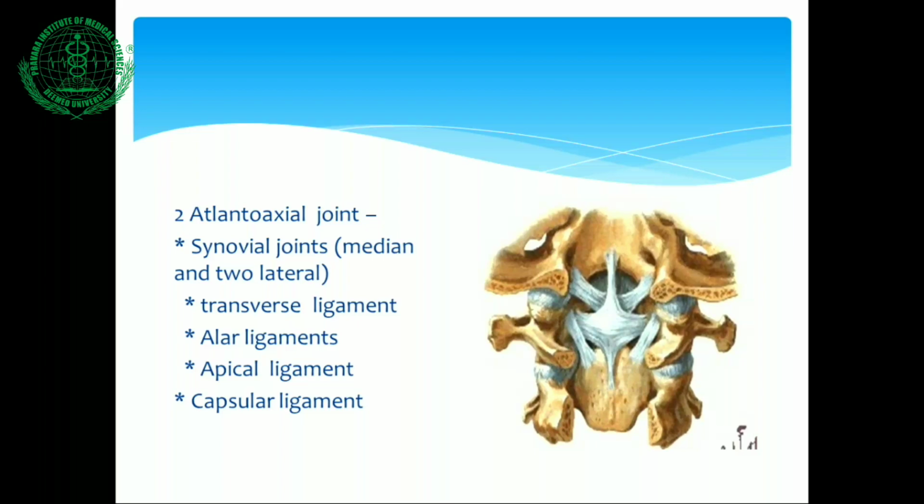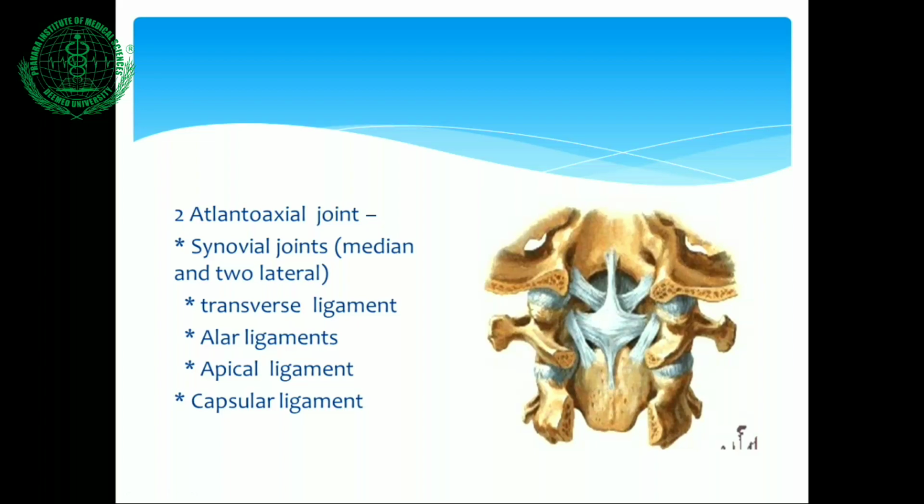The different ligaments which are providing support to atlanto-axial joints are apical ligament, which is attached to the tip of axis, capsular ligament, pair of alar ligaments and transverse ligament.